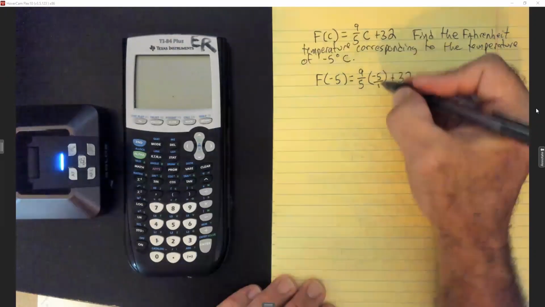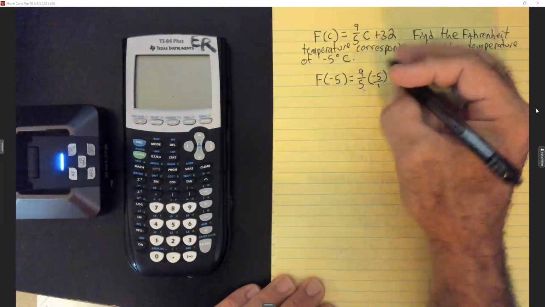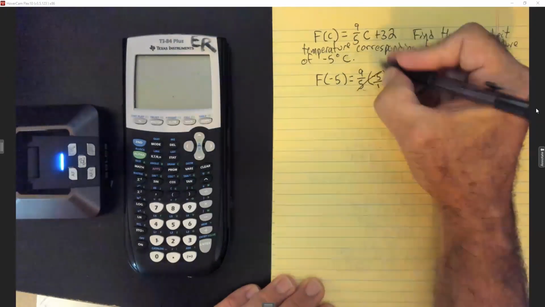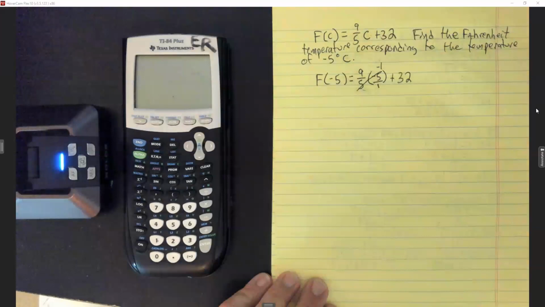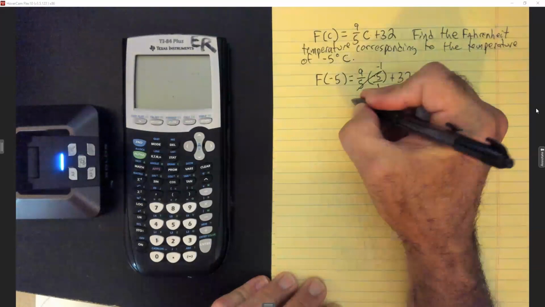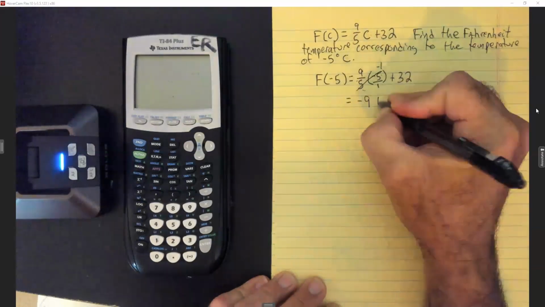But remember, anything on top can cancel with anything on the bottom. So this -5 and 5 cancel each other, making a -1. So I basically just divided -5 by 5 and made that a -1. Now I have 9 times -1, which is -9, plus 32.